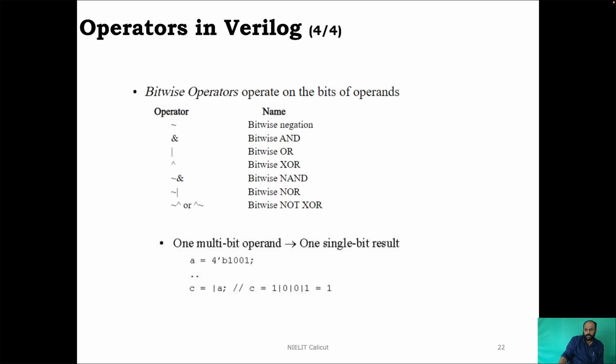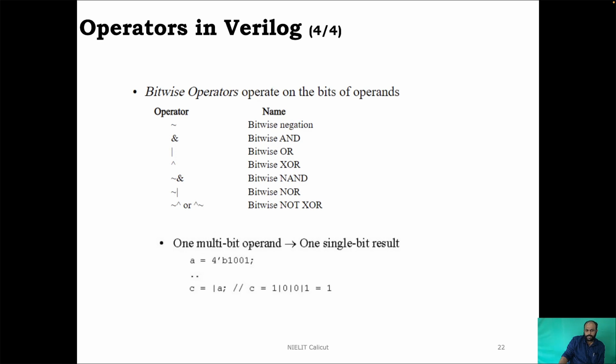Similarly, bitwise AND is there, bitwise OR, bitwise XOR. This is an important addition, the bitwise OR. Then bitwise NAND, bitwise NOR, bitwise XNOR, and so on.